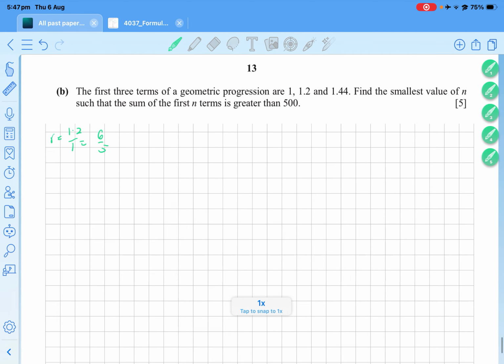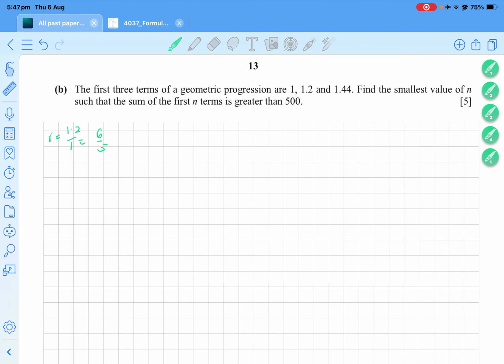So what is the sum of the first n terms that is greater than 500? So basically now we're saying, for what value of n is (1 minus 1.2 to the n) over (minus 0.2) greater than 500?